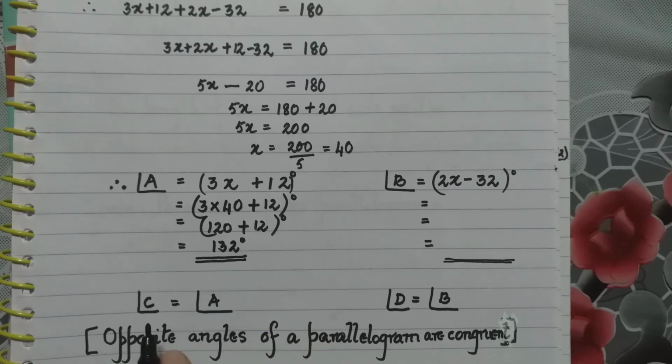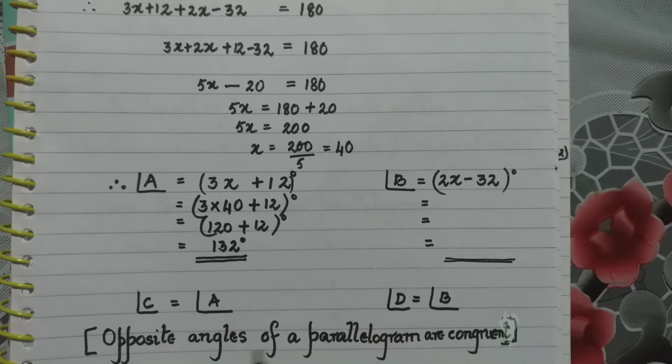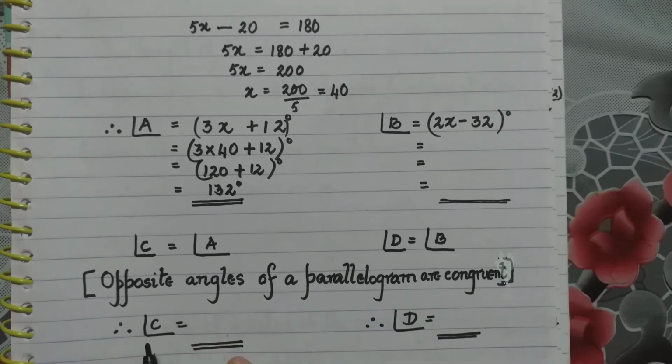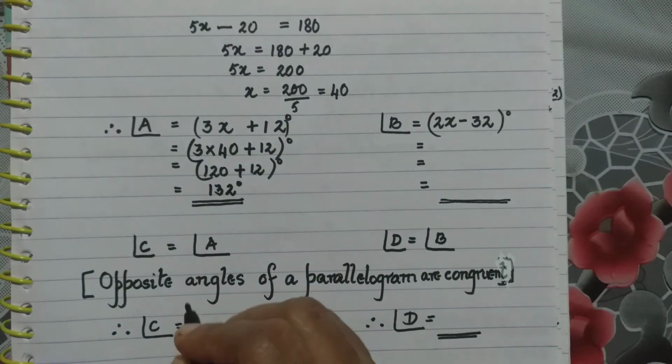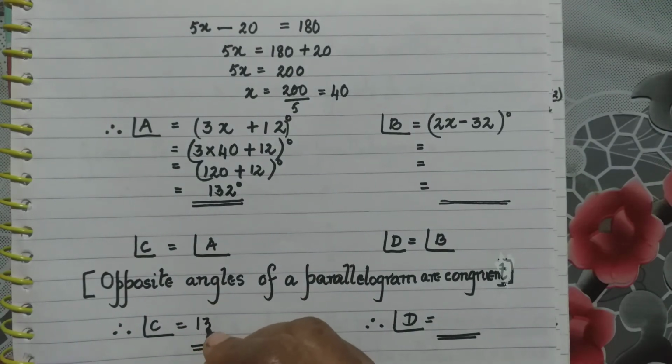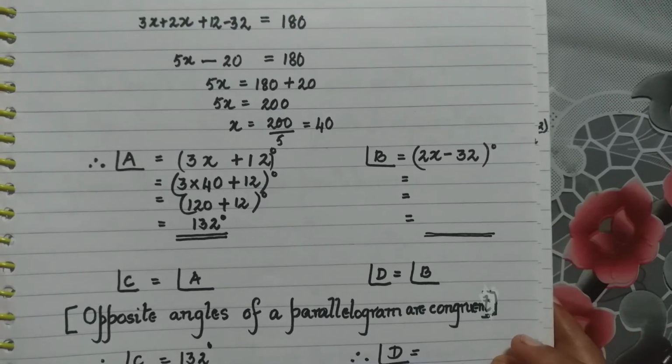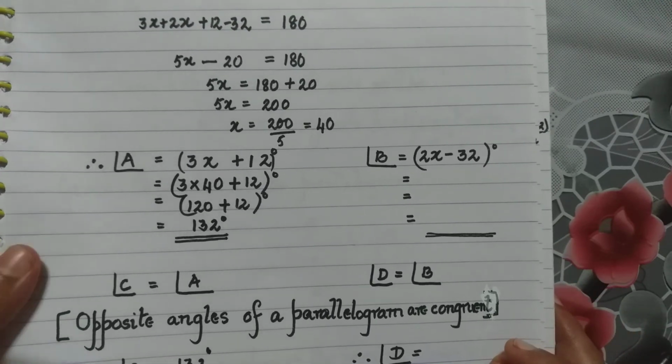Angle C. So that will be the opposite angle. So angle C is equal to angle A because opposite angles of a parallelogram are congruent. Therefore angle C also will be 132 degrees.